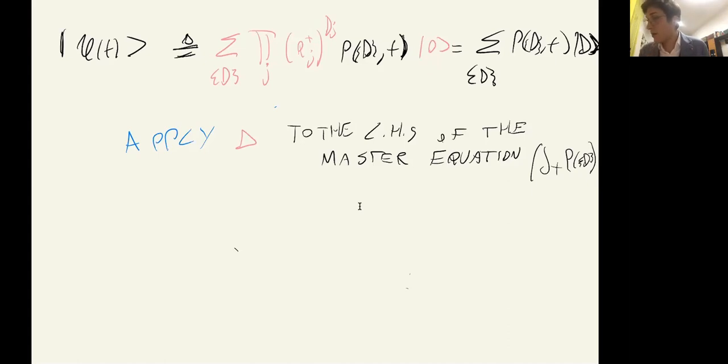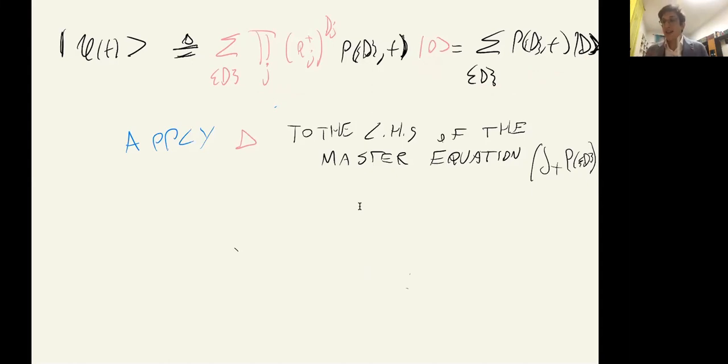You can rewrite it in a much more compact form, as you just have to apply, as we showed before, this to this, and you can just write it in this way: sum over all d of p of d, t, |d>.